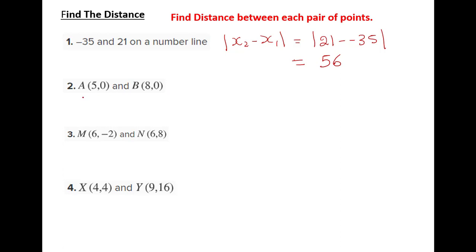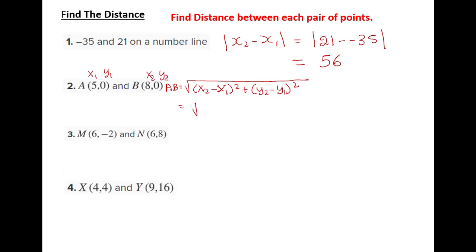Now, he wants me to find the distance between these two coordinates. Now I can simply use the rule, the square root, for the distance between A and B. This is x1, y1, and this is x2, y2.